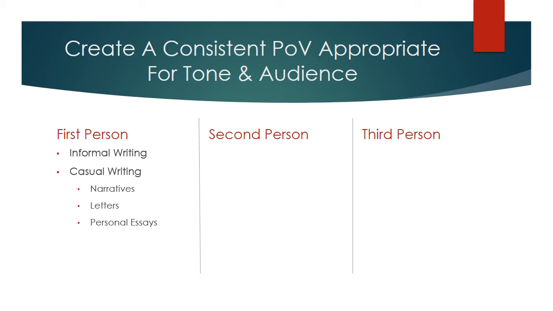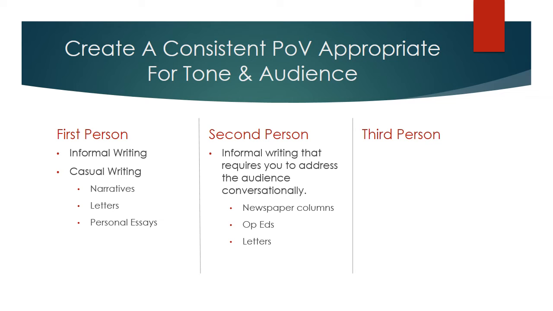Second person, you're going to be writing informally, but in a way that requires you to address the audience conversationally. So in this case, we're talking about things like newspaper columns, op-eds, letters to a specific person or a specific group of people. And then third person, we're talking about formal writing. So things like essays and research are typically what we're talking about here.